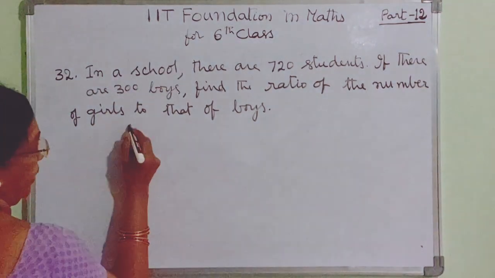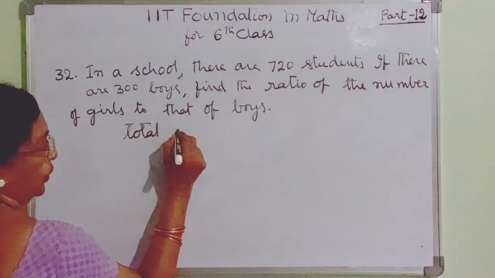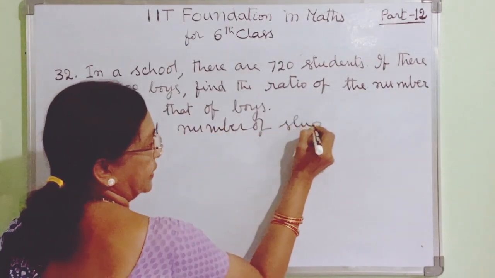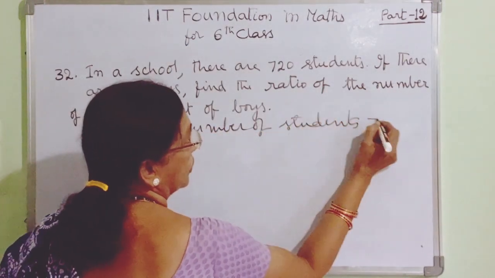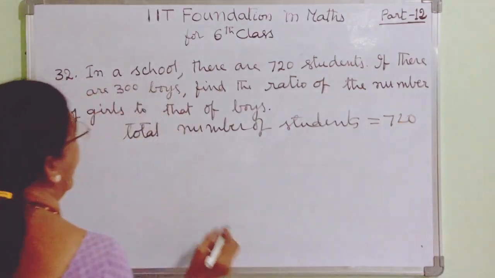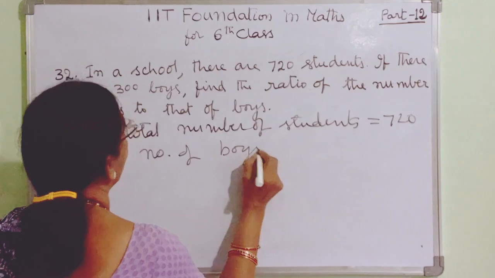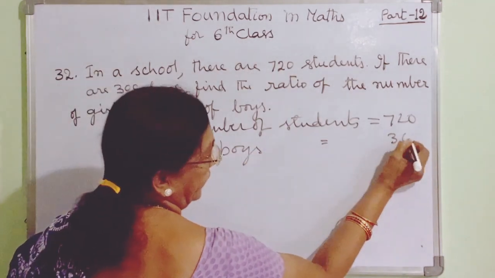So total number of students is equal to 720, and the number of boys is equal to 300.